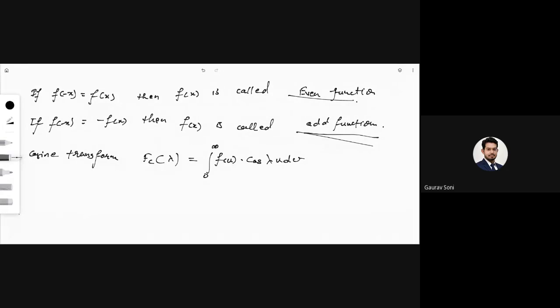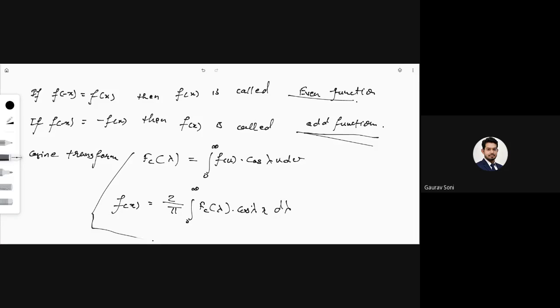And the inverse Fourier cosine transform f of x is given by 2 by pi integral 0 to infinity Fc of lambda cos lambda x d lambda. So this is the Fourier cosine transform.